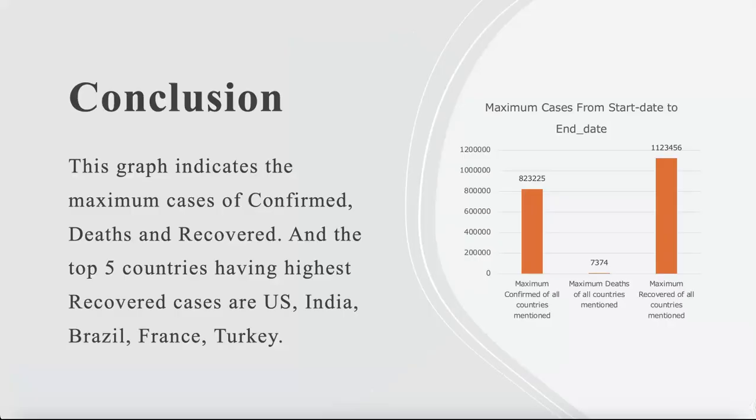In conclusion, here you can see one graph that is maximum cases from start date to end date, that is from 2020 to 2021. Here the first bar represents maximum confirmed of all countries mentioned in the dataset, and the next bar represents maximum deaths of all countries mentioned in the dataset, and the third bar, that is more, it represents the maximum recovered of all countries mentioned in the dataset.